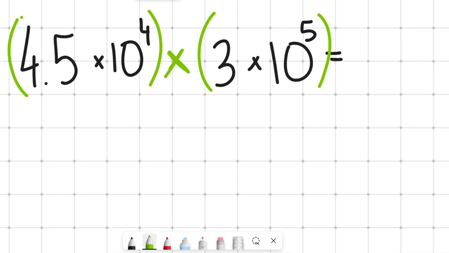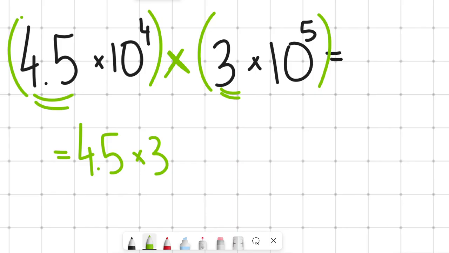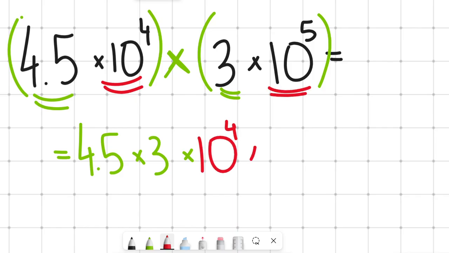The way it works is number by number, so you multiply them separately. We multiply 4.5 by 3, and then we also multiply exponent by exponent, 10 to the power of 4 multiplied by 10 to the power of 5. And that's pretty much it.